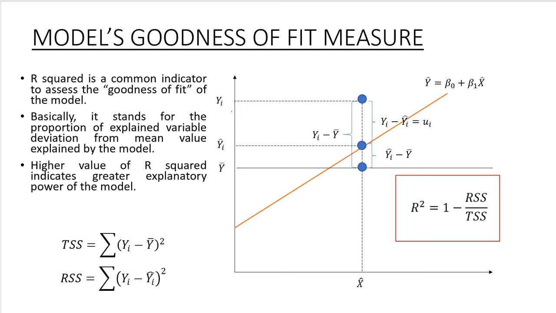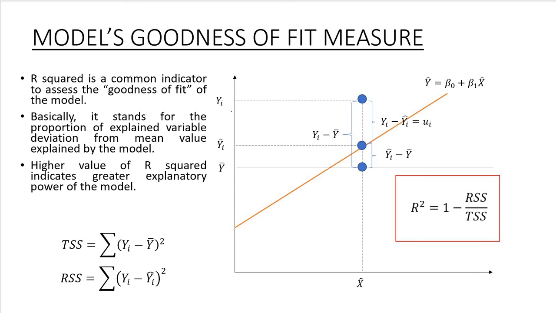If you calculate the difference between the actual value of y and the predicted value of y, put it to the power of 2 and calculate the sum of those squares for all the observations, you will get residual sum of squares. And finally, r² is equal to 1 minus the ratio of RSS to TSS.